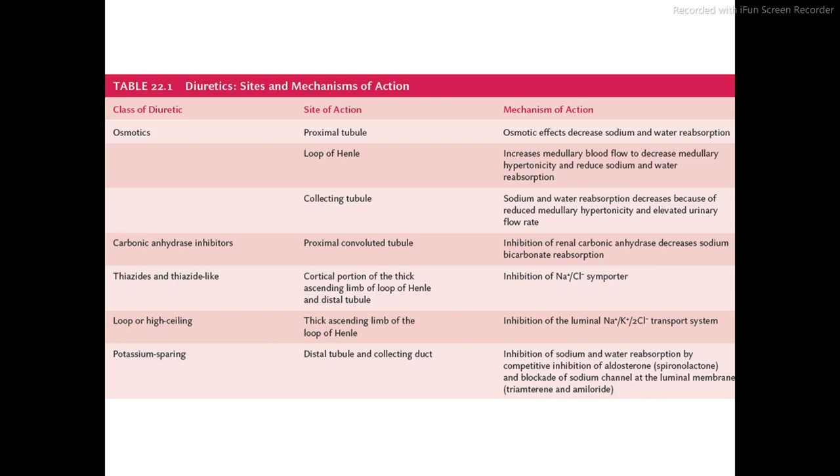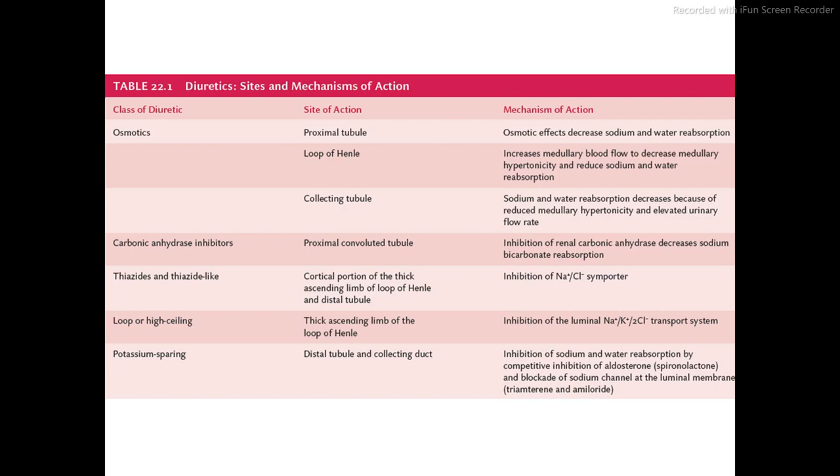Means what? It takes the sodium ion and gives hydrogen. That is the function of whatever carbonic acid is formed. So what does that carbonic acid do? That carbonic acid donates the hydrogen and accepts the sodium ion. So what will happen? The sodium ions are retained in our body.